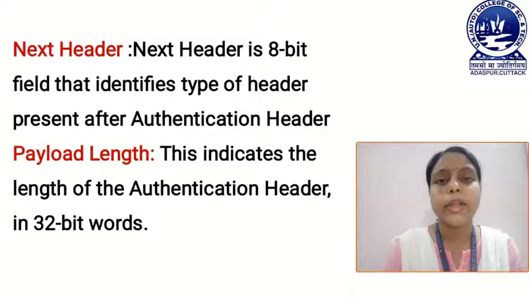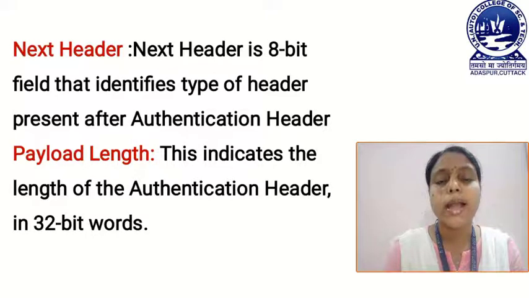The first field of our authentication header packet is next header. Here next header is an 8-bit field and it defines the type of header present after the authentication header.